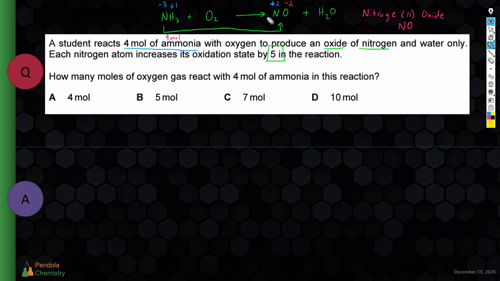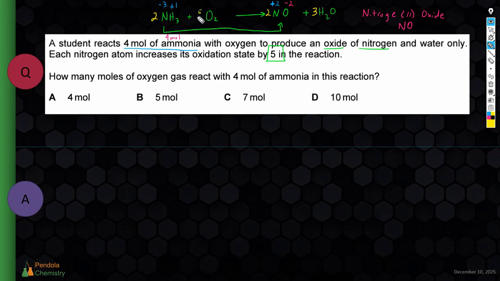If we have 1 nitrogen, that's balanced. We have 3 hydrogens, 2 hydrogens here. Now we can balance 3 and 2, so we're going to have to multiply this by 2, which gives 6 hydrogens, so we put a 3 here, so 6 hydrogens. 2 nitrogens, so we put a 2 here for 2 nitrogens. And that's why you have 2 times 1 is 2, plus 3 is 5 oxygens.